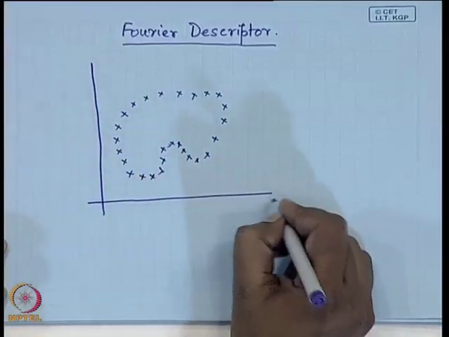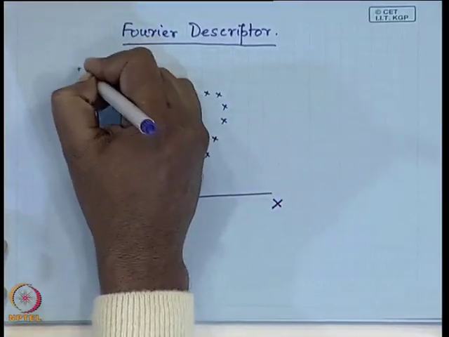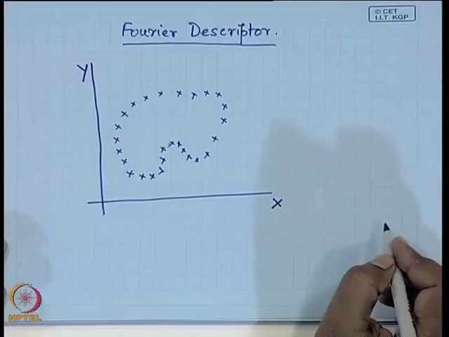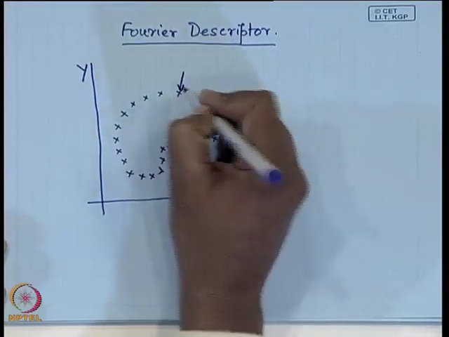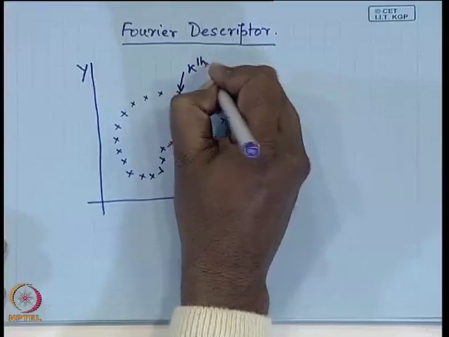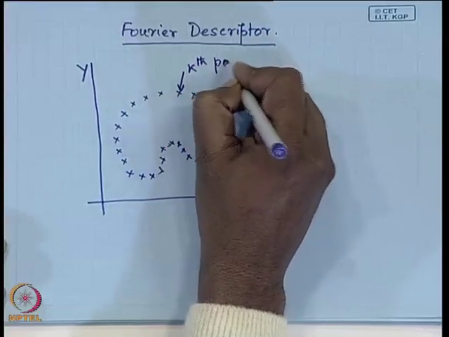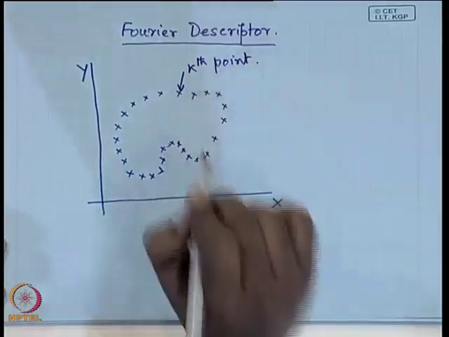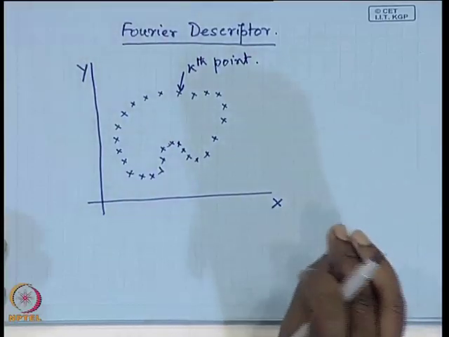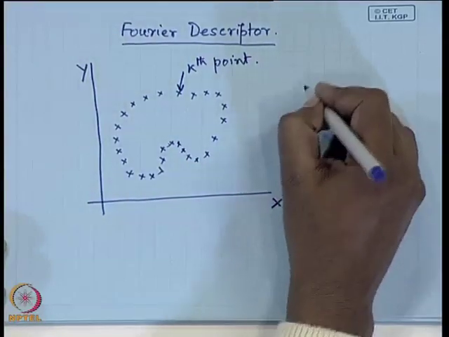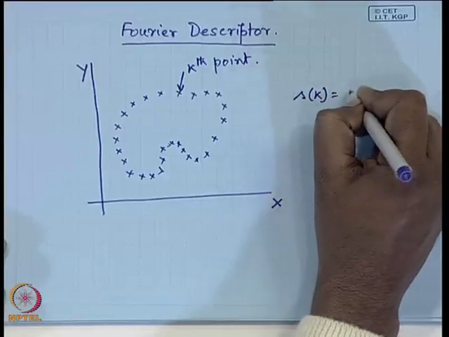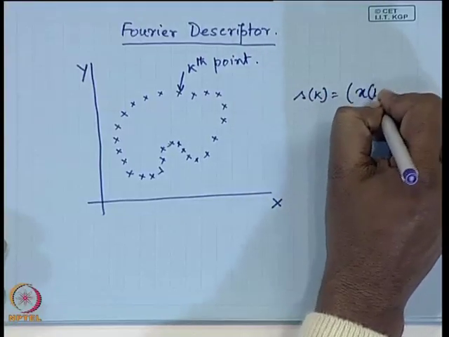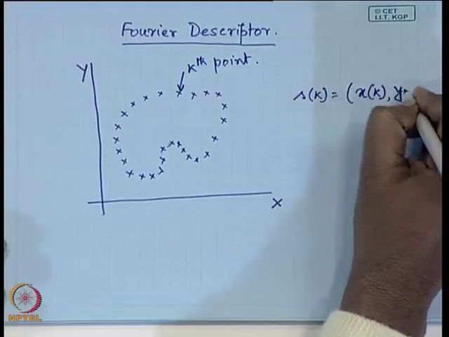So, I have this x dimension and y dimension. Every kth point in this boundary, say this is my kth boundary point, is actually a coordinate. So, I can say that this kth boundary point s k has the coordinates x k and y k.